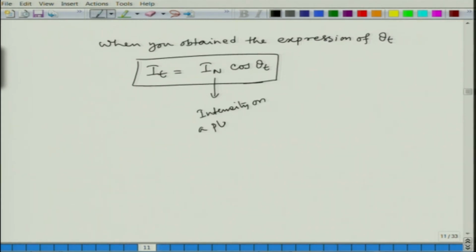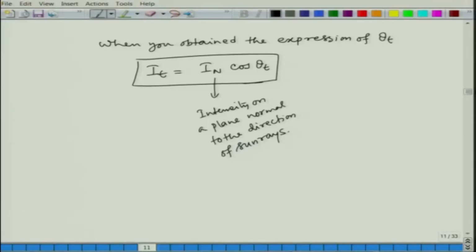Because this is the intensity on a plane which is normal to the direction of sun rays. Okay. N stands for that, you have seen ION was the extraterrestrial normal radiation intensity. Okay. So, here O is not there because it is not extraterrestrial, we are talking about a surface which is on the surface of the earth.